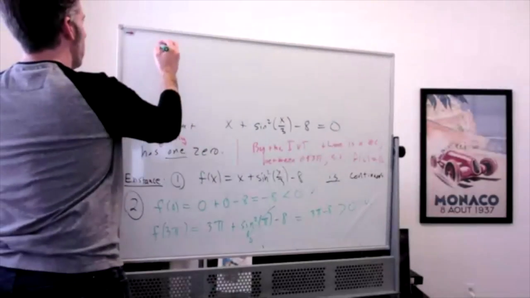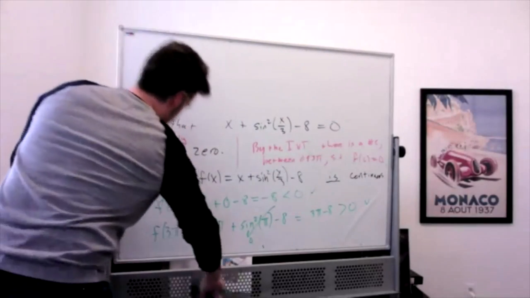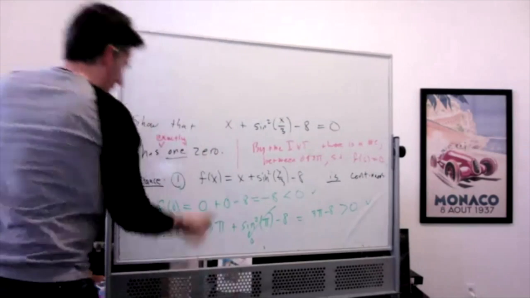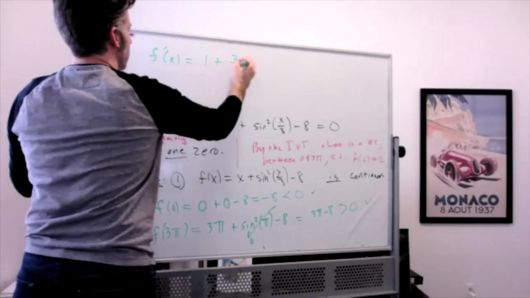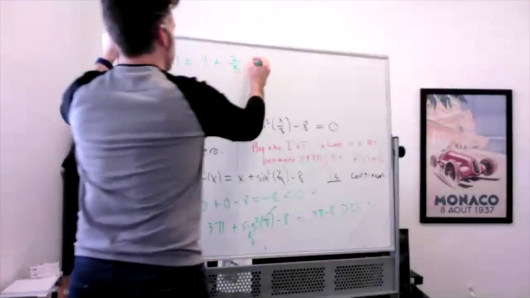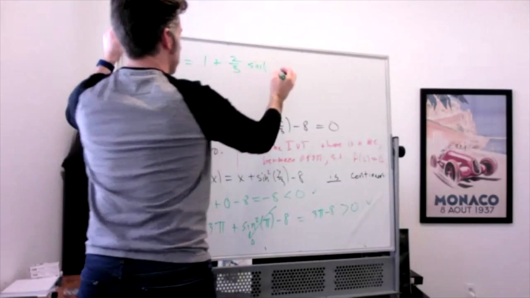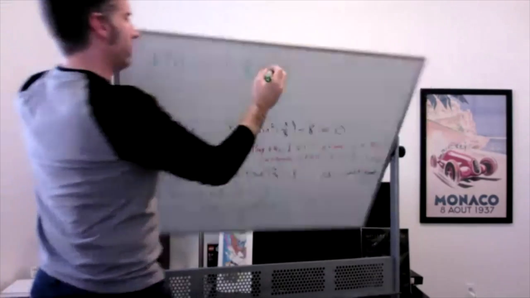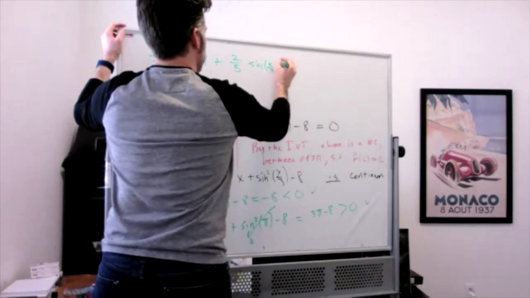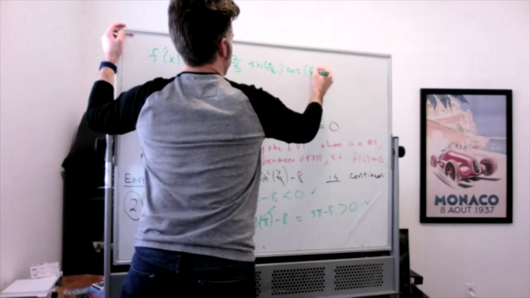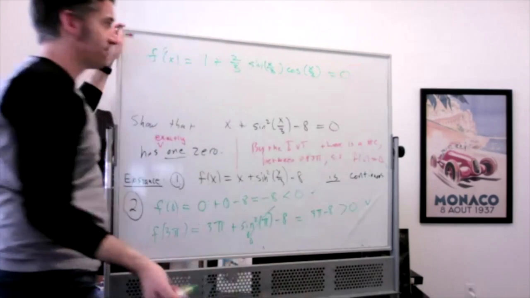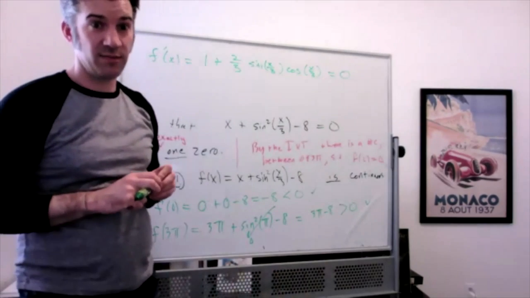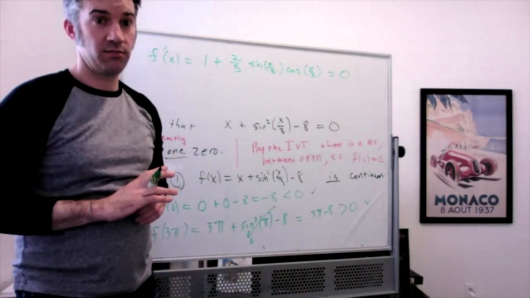So my derivative is 1 plus 2/3 times sine of x over 3 times cosine of x over 3. And I'm saying this is equal to 0 somewhere. And now here's what I want to say. This can never equal 0.